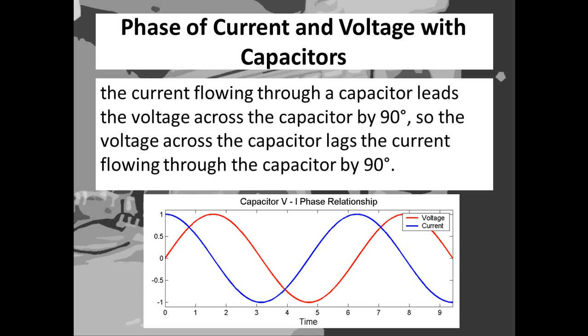So the voltage across the capacitor lags the current by 90 degrees, whereas 360 degrees would be a complete oscillation of a wave. The current is ahead by 90 degrees. And we'll find when we look at inductors, the opposite happens. When we combine the two devices, this effect cancels.